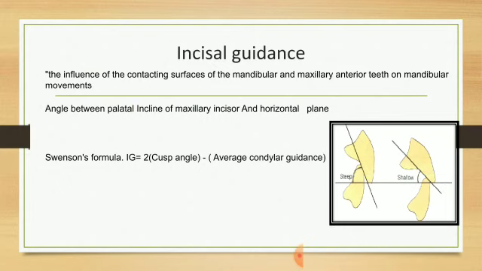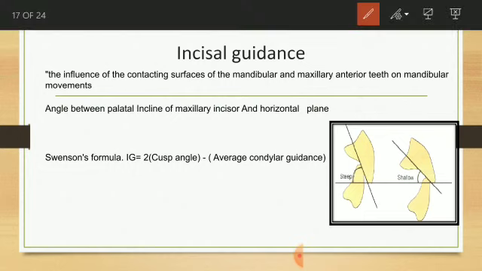Next is incisal guidance. It is the influence of contacting surfaces of mandibular and maxillary anterior teeth on mandibular movements. So basically, incisal guidance is the angle between the palatal incline of the maxillary incisor and the horizontal plane. As you can see in the figure, the more the vertical placement of the maxillary incisor, the more would be the incisal guidance angle.